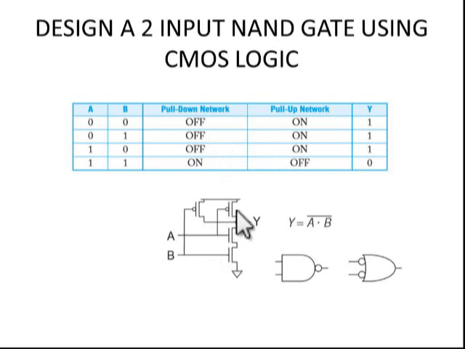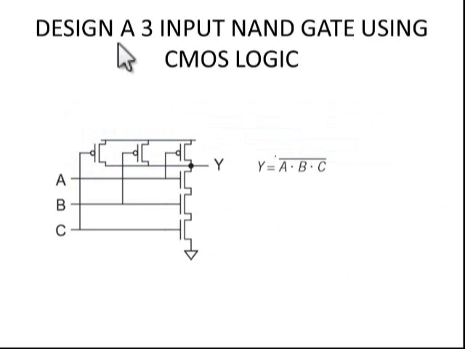So that's why they are connected here. PMOSs are connected in parallel and the NMOSs are connected in series. Now in the shortcut technique, if we have the dot under the bar, the corresponding expression has PMOSs connected in parallel and NMOSs connected in series.